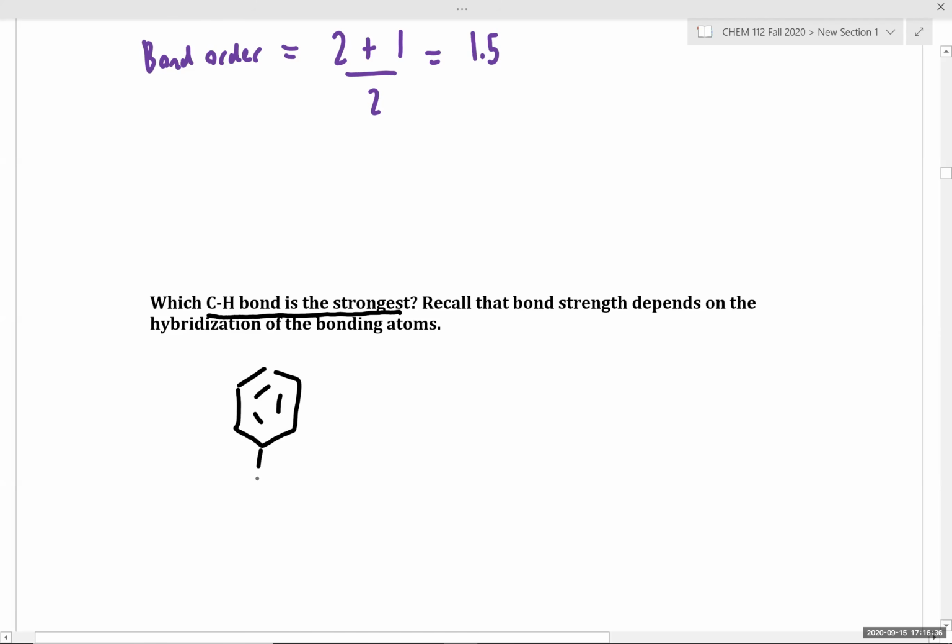So if we're thinking about benzene and looking at each of our carbon-hydrogen bonds, are each of these carbon-hydrogen bonds equally strong?